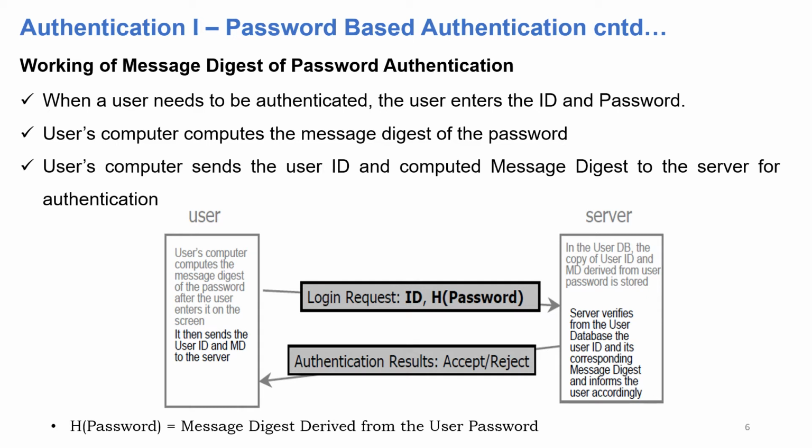The server will then verify from the user's database the user ID and the corresponding message digest, and based on the verified message digest and user ID, it will send back the accepted or rejected result to the user. Again, message digests are designed to protect the integrity of a piece of data, the piece of data here being your password. So this message digest can detect if there are any changes or alterations done to any part of the message.